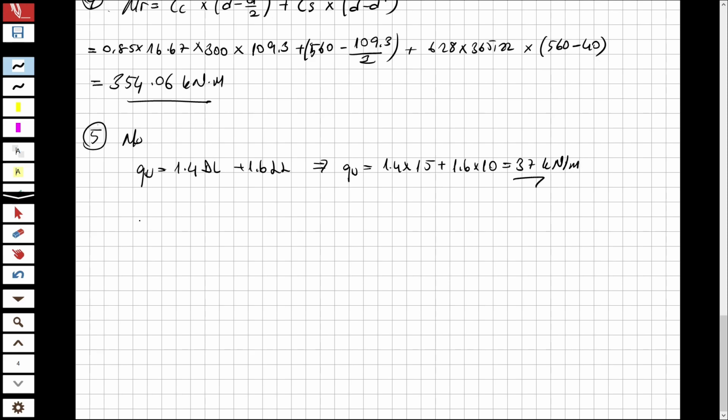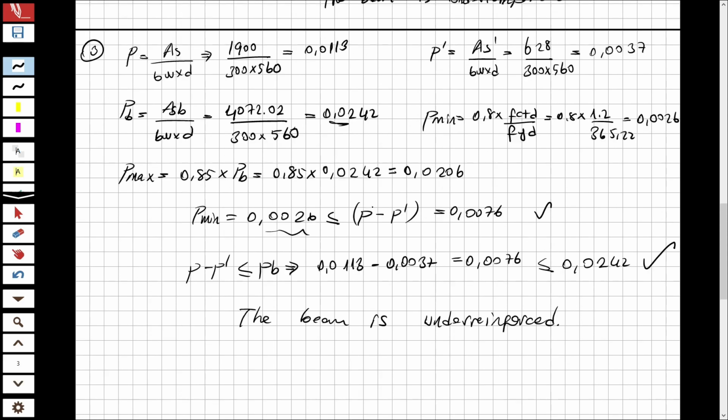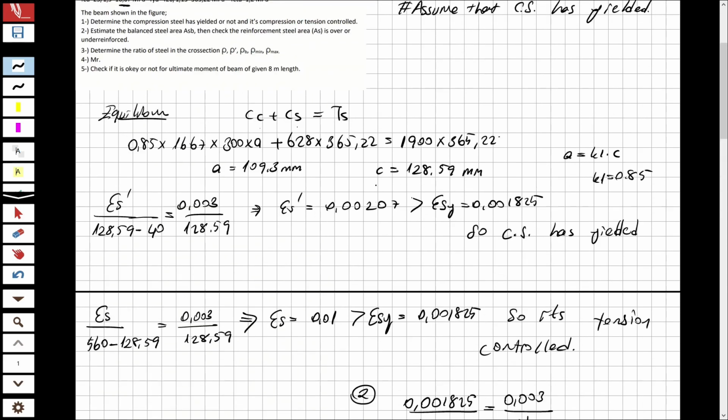And this Mu will be determined as Q L squared over 8, and from here 37 multiplied with 8 squared, L is 8. I can show you, maybe we missed, so we're going to check it again.